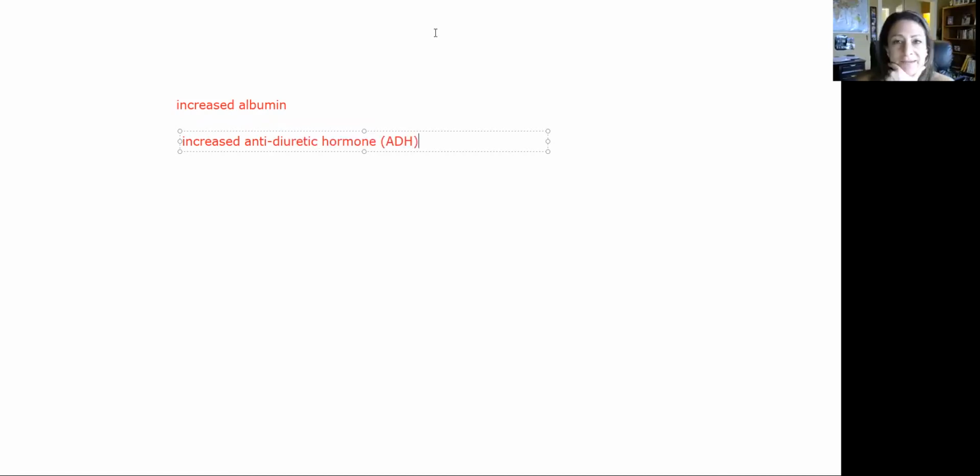Antidiuretic hormone. What is a diuretic? Makes you pee. Right. A diuretic increases urine production. So an antidiuretic would decrease urine production, which would therefore boost your plasma volume. Okay, so this is a two-step process for what causes the increases in plasma volume as a result of endurance training.